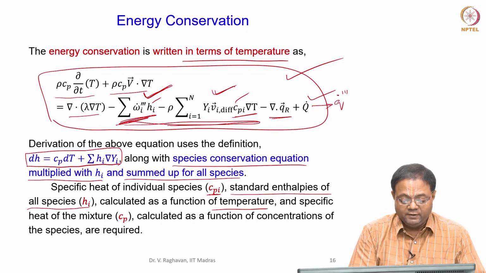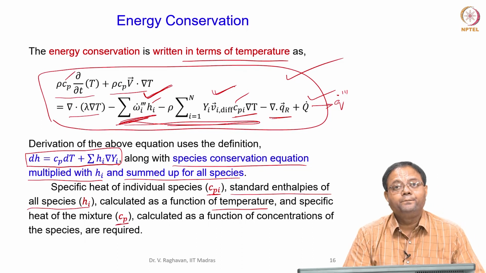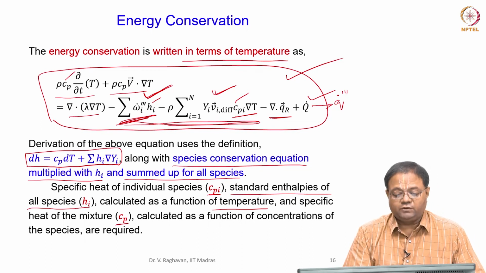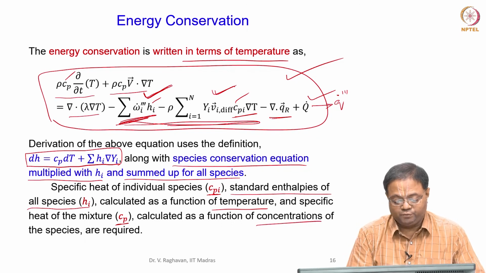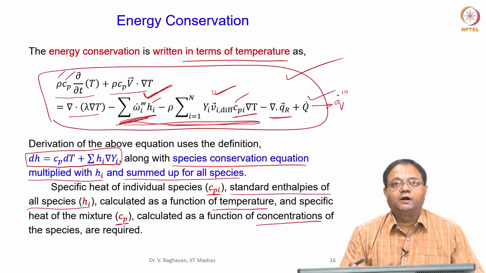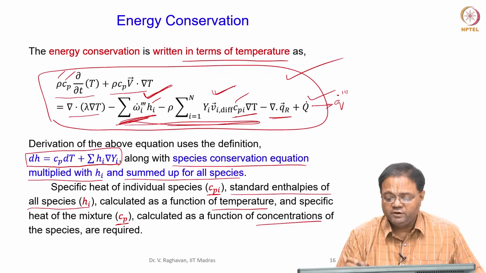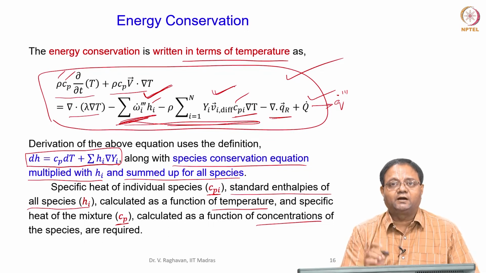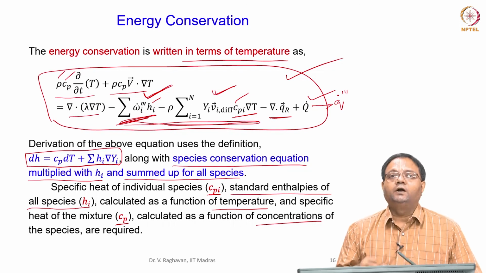Then the specific heat of the mixture at constant pressure, Cp, has to be calculated as a function of concentrations as well as temperature, both. Now rho is calculated using the equation of state. So this is the consolidated energy equation. Please understand that in this we have neglected the work interactions due to pressure force, viscous dissipation and the body forces.